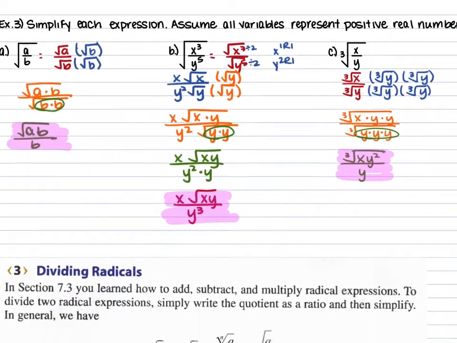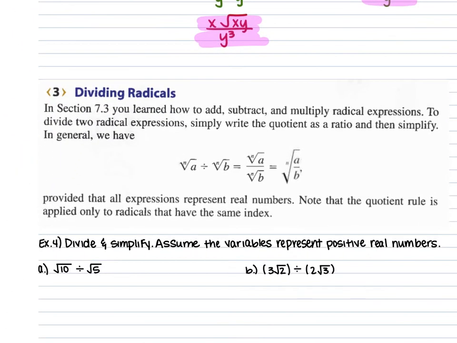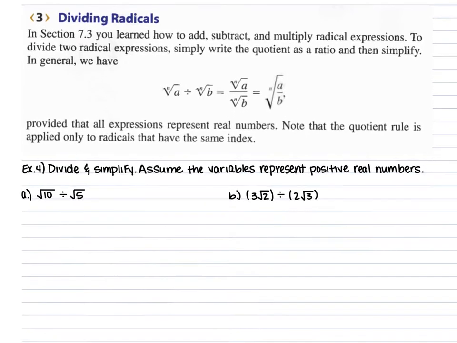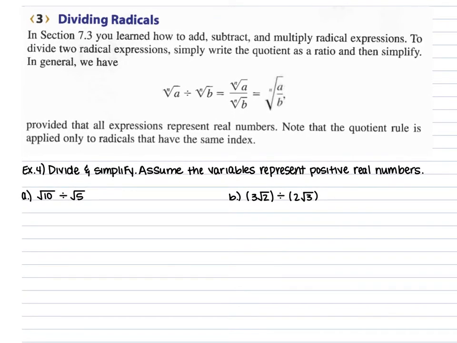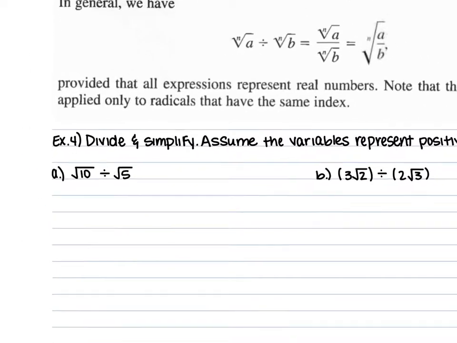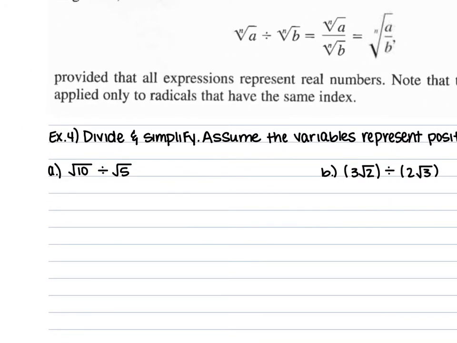For the next set of examples that we are going to be looking at, we are going to be dividing radicals. When we divide radicals, we can put them in fraction form and simplify them that way. It's the same exact thing, and it's the easiest way to do this. So if we look at example 4a, we have the square root of 10 divided by the square root of 5. This can be written as the square root of 10 over the square root of 5.